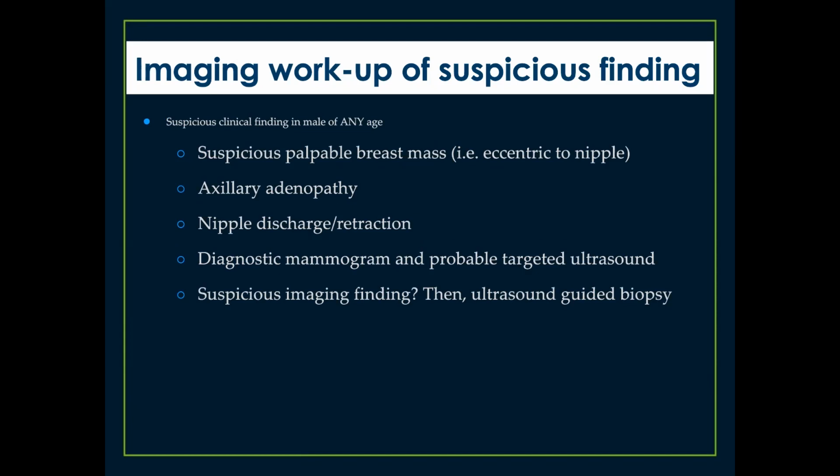If there are suspicious imaging findings, then probably an ultrasound guided needle biopsy. As we saw before, sometimes we'll see microcalcifications that need to be addressed stereotactically if we don't see a corresponding abnormality on ultrasound.